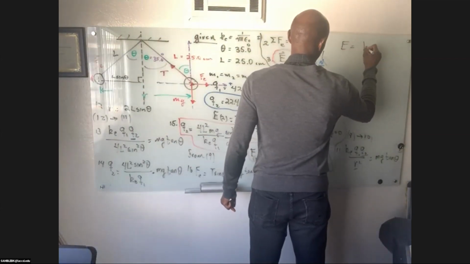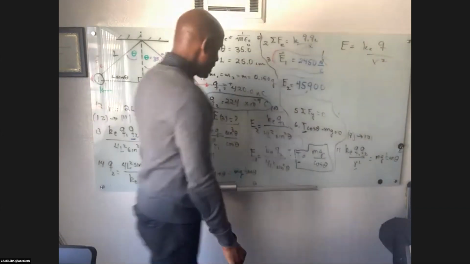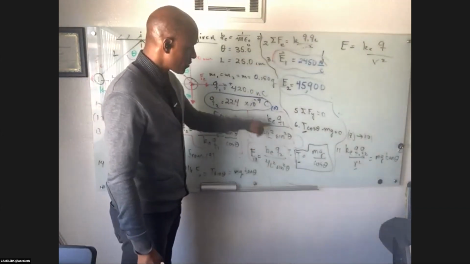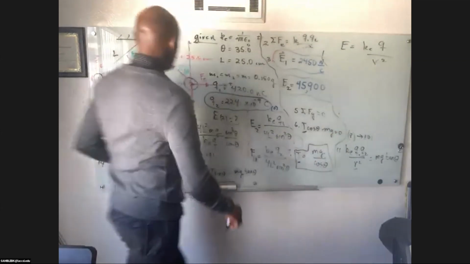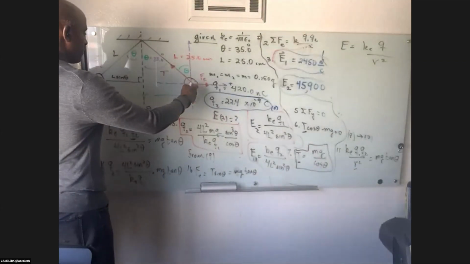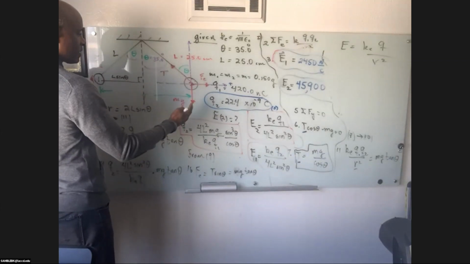E is equal to k_e Q over R squared. The k_e Q is in the numerator, but the R squared is the distance from the field point to the charge, and for each one that's the same distance.